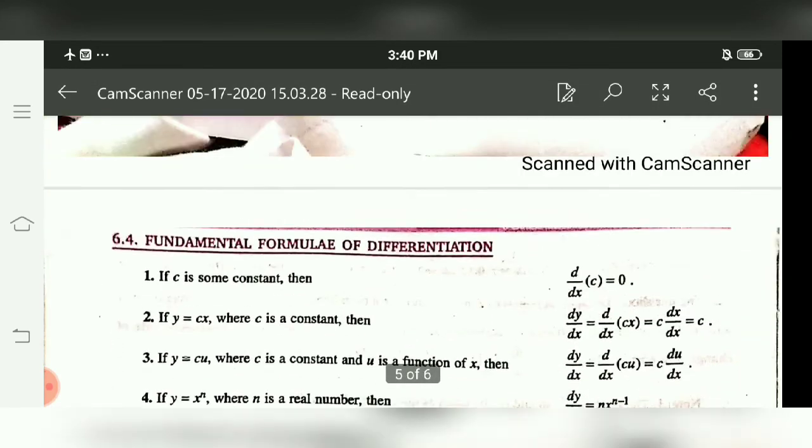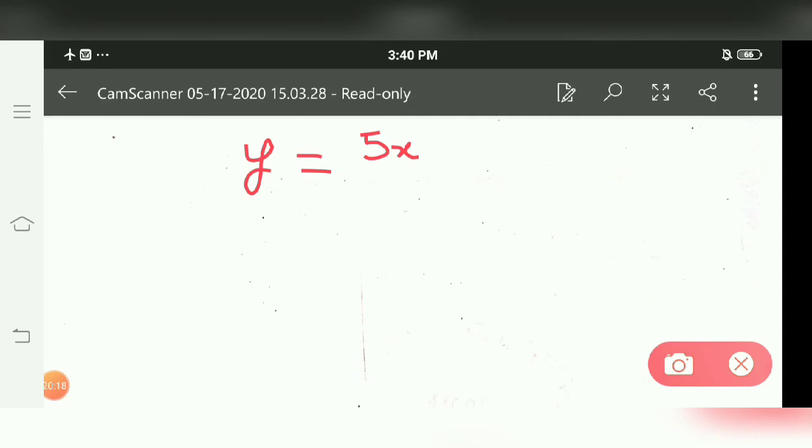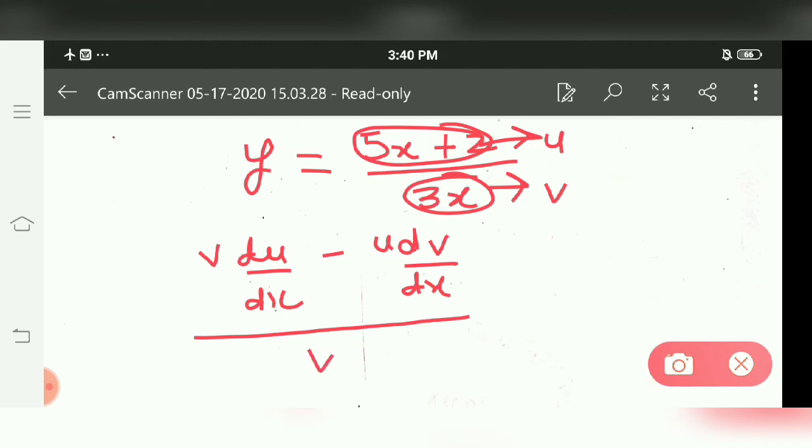Next, if we have u by v, like if y is equal to 5x plus 2 by 3x. Suppose this complete term is u, this complete term is v. Then we have to apply the formula: v derivative of u with respect to x minus u derivative of v with respect to x, upon v square.